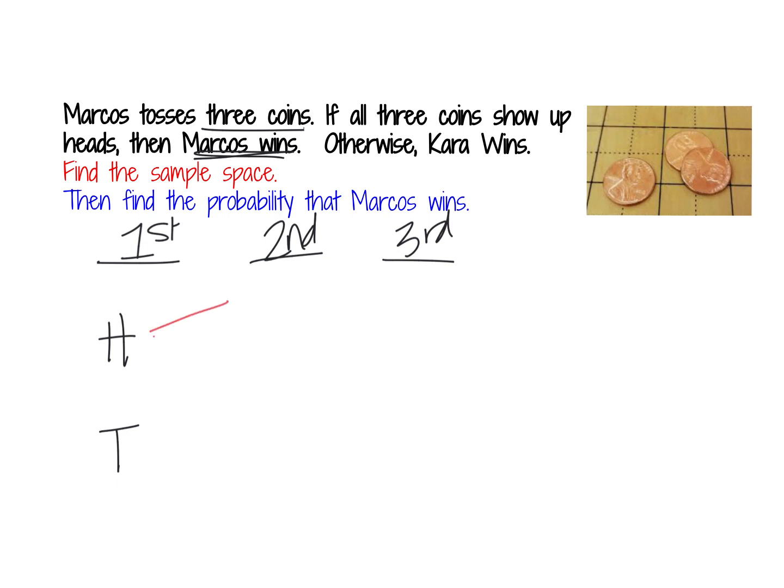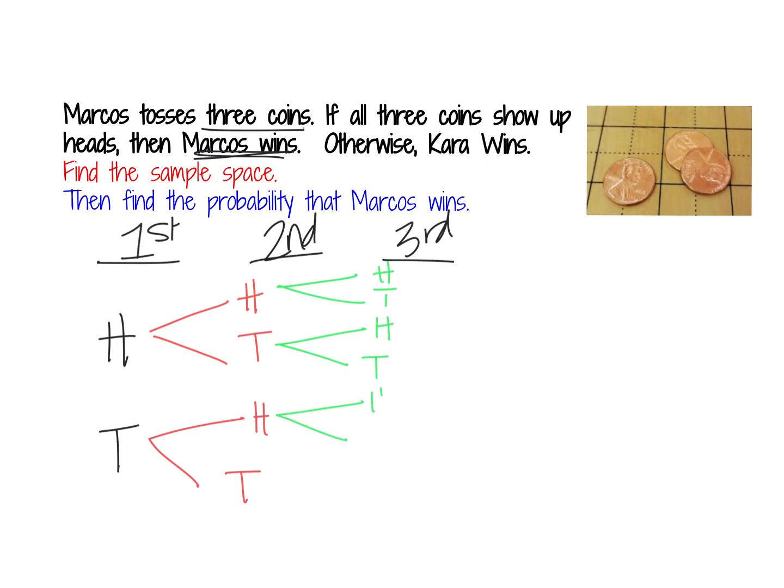So I'm going to add that on to each of my previous options. And then the third time, I can still get heads or tails, and that's going to be added on to each, again, of my previous options. So notice I'm adding it and keeping it as nice and organized as I can from there.